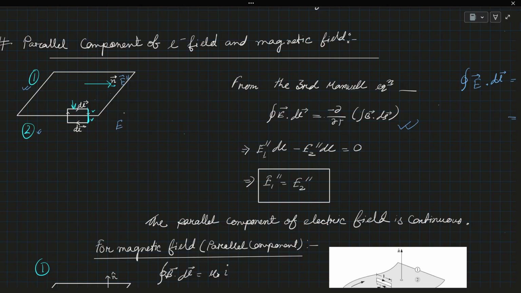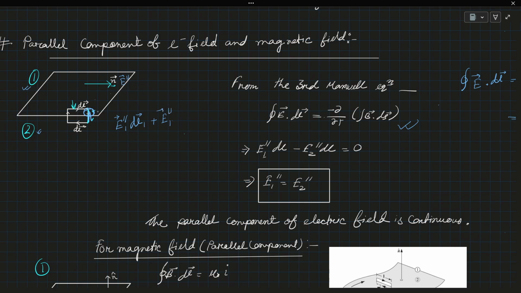Since this is the parallel component and this is in medium 1, I can write E1 parallel dl. Let's say this is dl1. For this side, there will be E1, also for medium 1, the upper half.